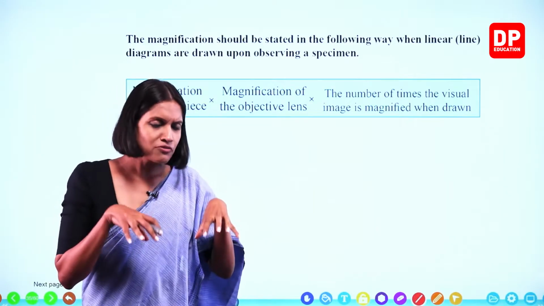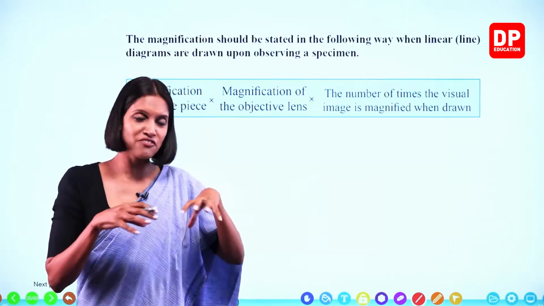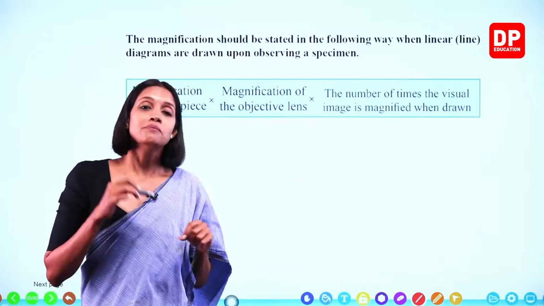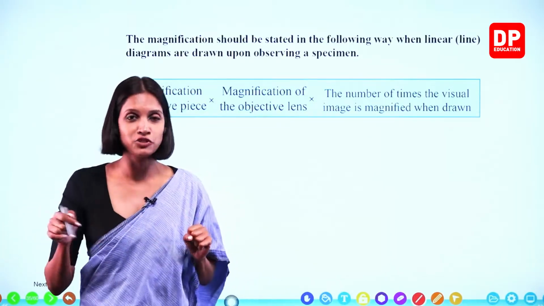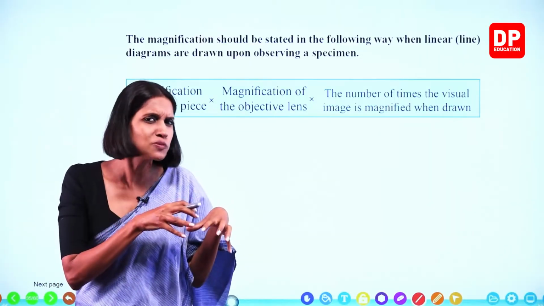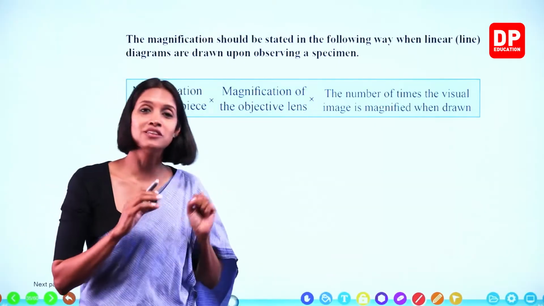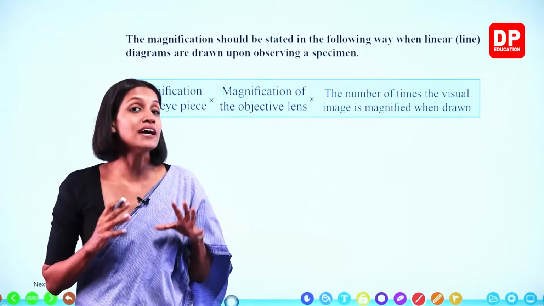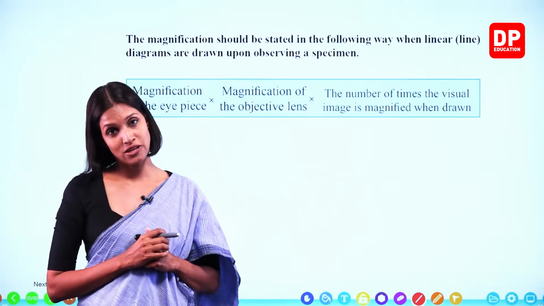Now, when you observe through the microscope, you will see the specimen as if it's a small circle. But when you draw it in your book, you are going to magnify it a bit and draw. You are not going to draw it in the same small size. You are going to draw a bigger picture of that specimen that you are observing. In that case, you have to consider that magnification as well.